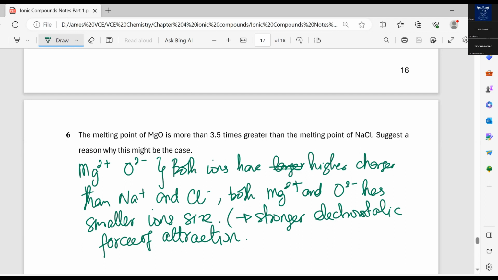Both are equally important. This extra charge also causes them to have a stronger electrostatic force of attraction. And the ionic size being smaller also causes a stronger electrostatic force. The bigger one has a weaker electrostatic force. So both points favor this one having a stronger electrostatic force of attraction.